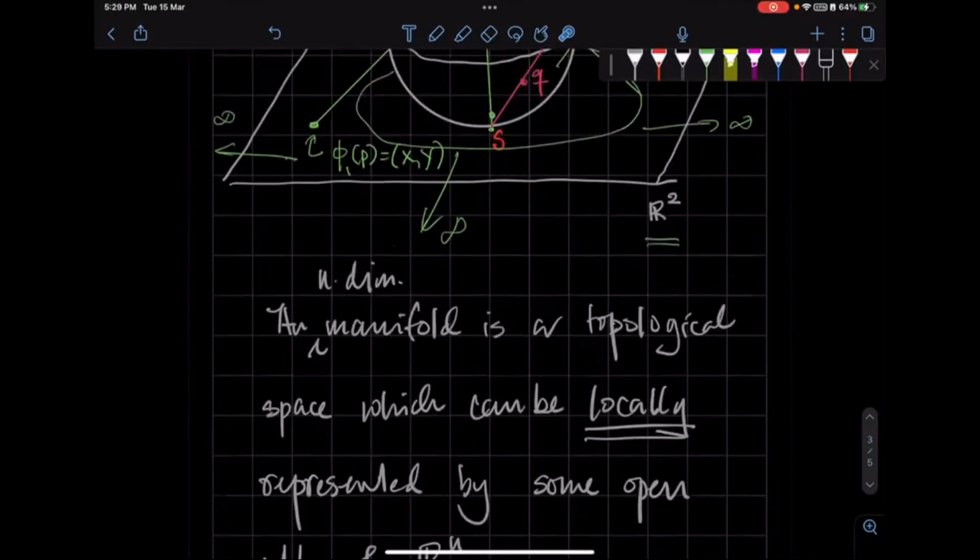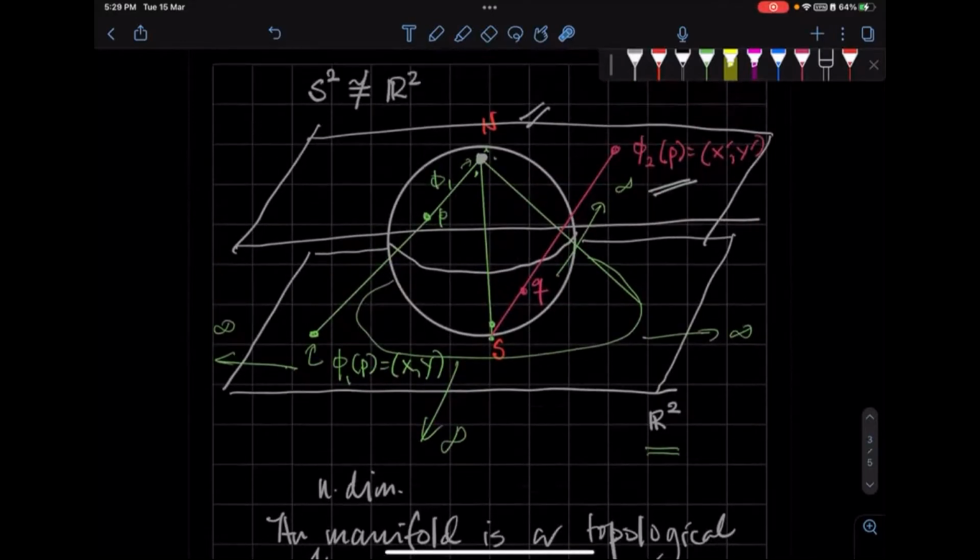So for example, the distance on this manifold is not preserved under this projection, right? And that's why when we look at an atlas of the world, we see that the maps have all these distortions. Russia looks huge, and that's because they're using a projection where the northern and southern parts of the world look huge.